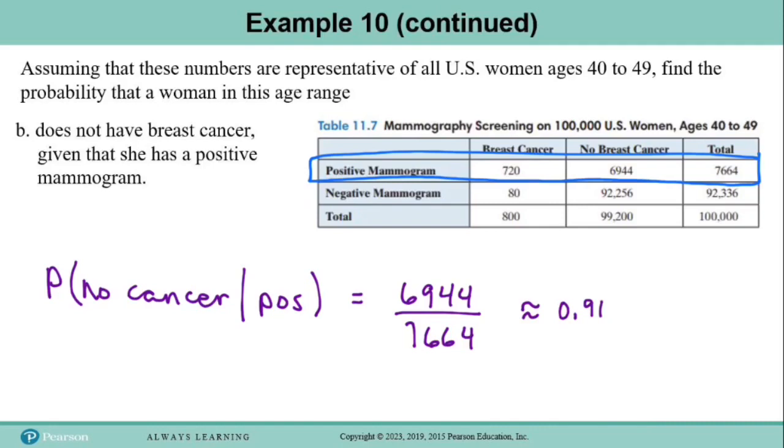So let's think about what this says here. We just found, according to this table, for these women, the probability that a woman did not have cancer, even though she had a positive mammogram, was 0.91, 91%. So look at this. Out of the women with a positive mammogram, 9 out of 10 of the women who had a positive mammogram actually ended up not having cancer.